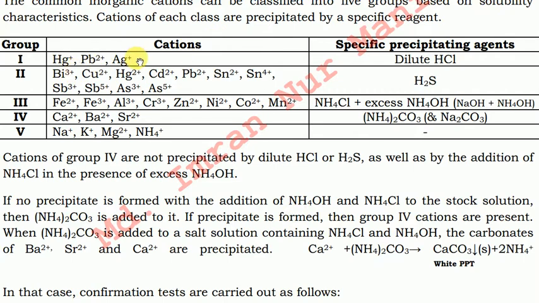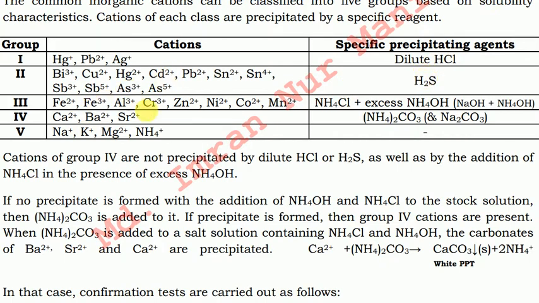Group 1 cations will be precipitated whenever we add dilute hydrochloric acid to the sample solution. Group 2 cations will be precipitated whenever we add hydrogen sulfide gas, following the addition of dilute hydrochloric acid. Group 3 cations will be precipitated whenever we add ammonium chloride in the presence of excess ammonium hydroxide, following the addition of hydrochloric acid and then hydrogen sulfide gas.